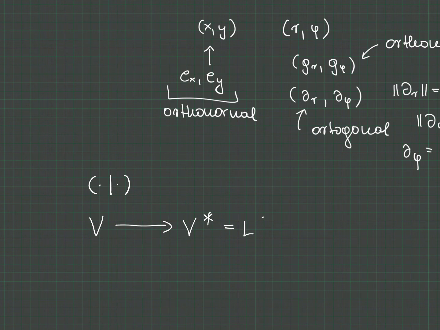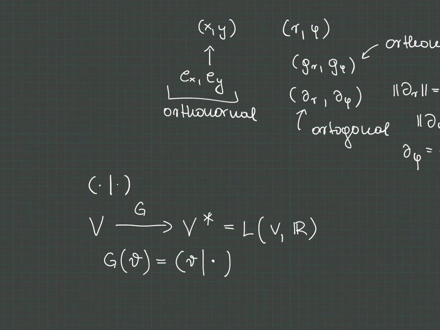The dual are linear maps from the vector space to R. I will denote this map by capital G. Capital G acting on a vector is such a covector that I get by placing the vector in the first place of the scalar product, or second place because the scalar product is symmetric. Since here is an empty space waiting for a vector, it means that this is a linear map from V to R, therefore an element of V star.